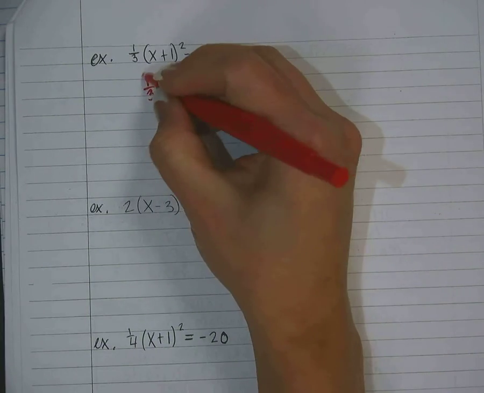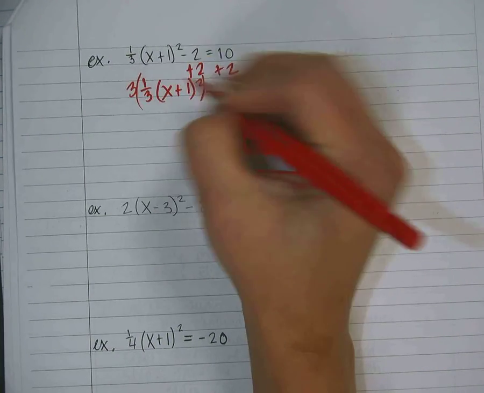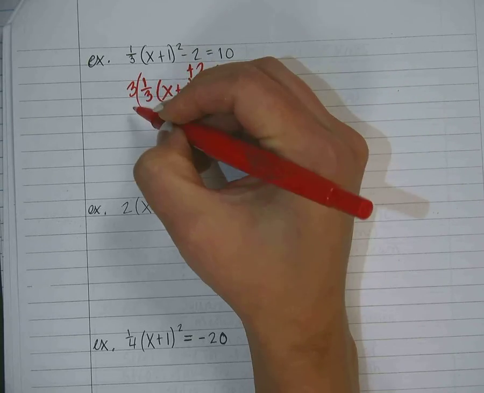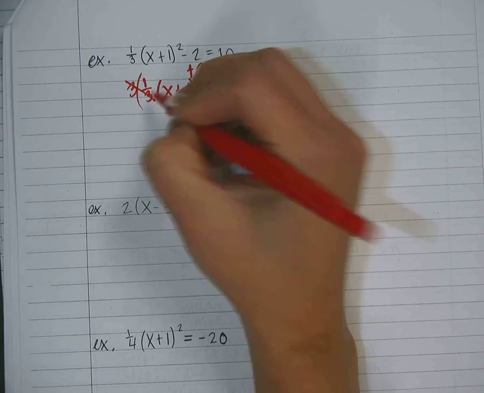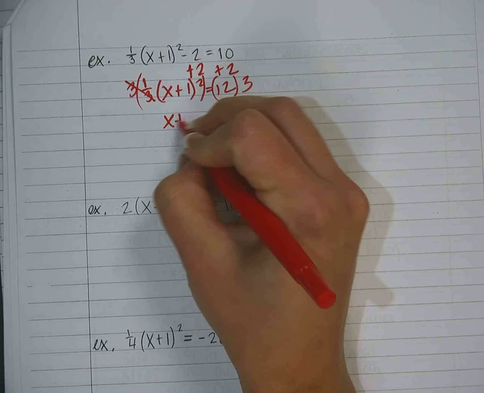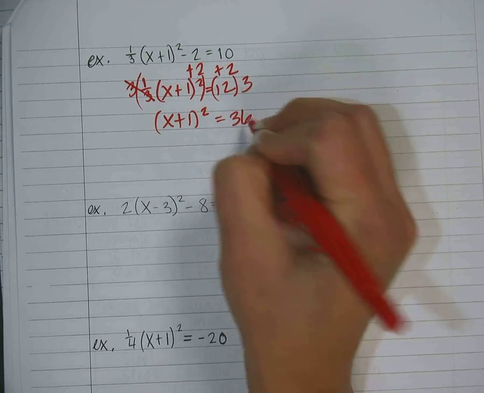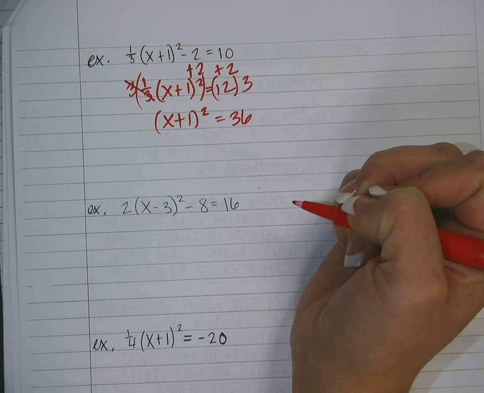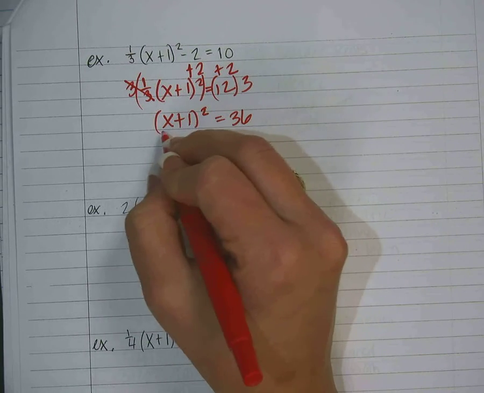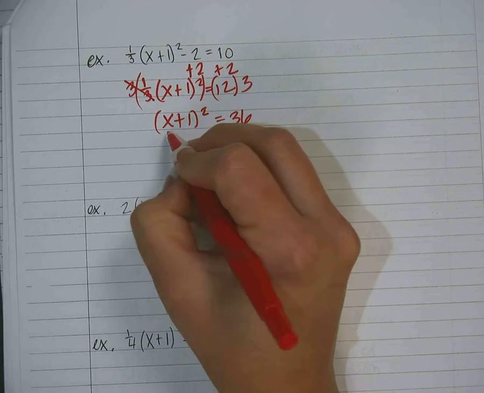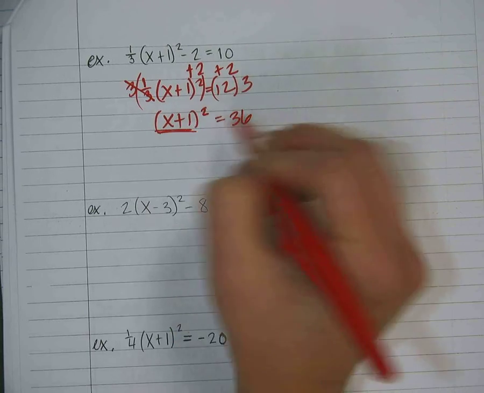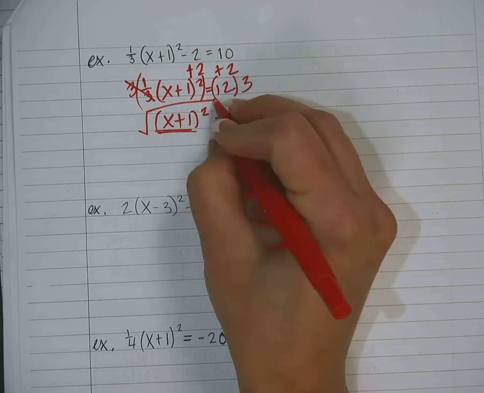Multiply both sides by 3. These cross out. I'm left with x plus 1, quantity squared, equals 36. Now is my square solved for? Yes, it is, because this is all it's being squared. So now I'm going to take the square root of both sides.